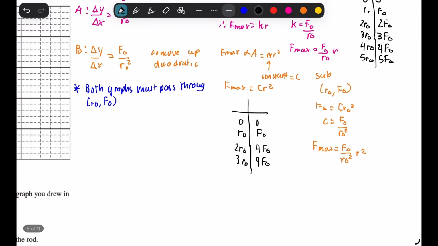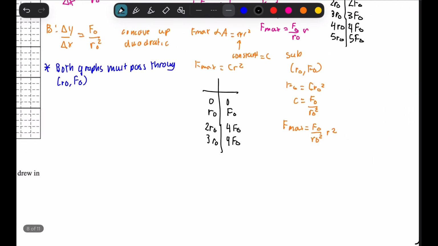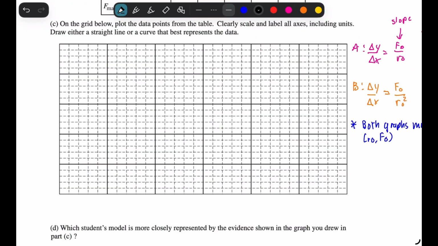So since the graph only goes up to 10, let's start off with labeling our axes. You want to have clean, even units for your axes, typically. So we'll number this up to 10. We'll call this 10F initial, and halfway we can have 5F initial.